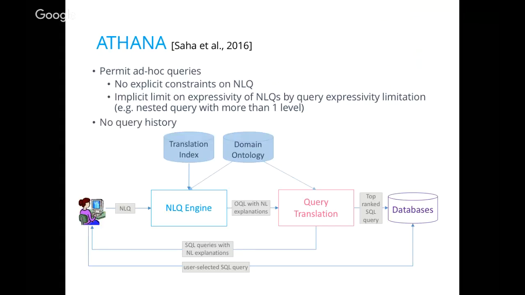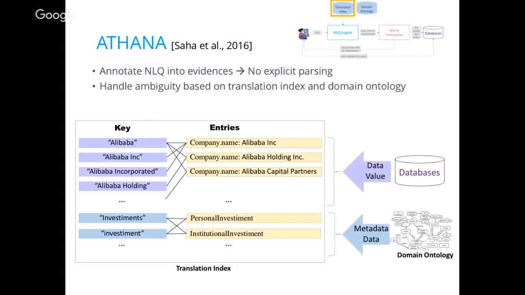So besides just generating SQL and getting the results, this system also tries to explain to the user: here's my understanding, here's what I translated into, so that the user can understand what the system actually understood. And if there is any ambiguity, the user can better select the right query to go back to the system.